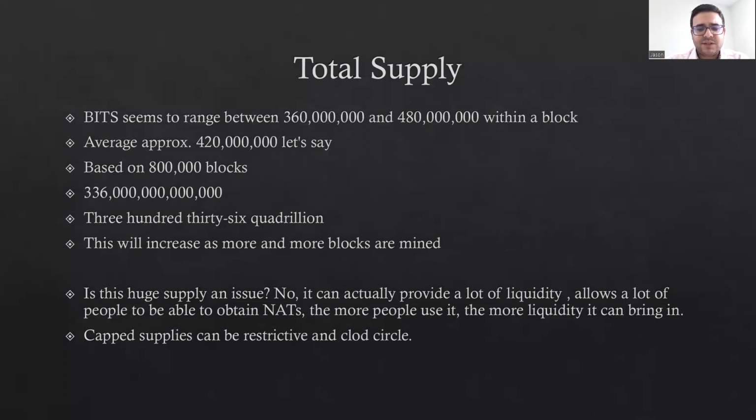I just noticed I put a spelling mistake on the next point, but what that says is capped supplies can be restricted in closed circles. So if there's only, let's say, 100 of these, and you can only have a maximum of 100 owners because you can have one each, well, you're not really creating a community, are you?